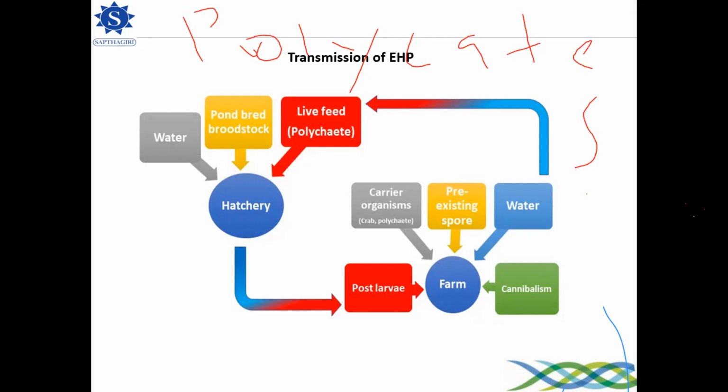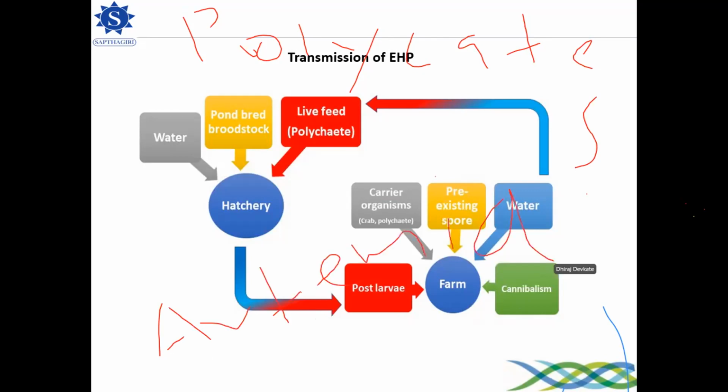In the same way, Artemia biomass also. There are many reports from China, Thailand, and even India that Artemia biomass is prone to be a host for EHP. The second thing is water.